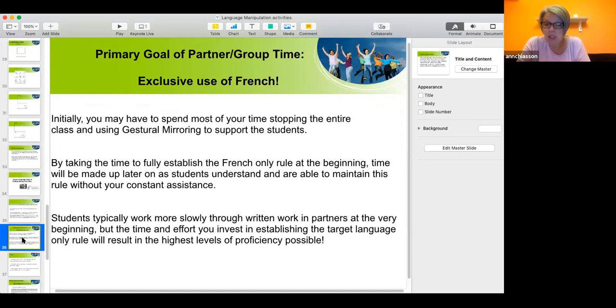So you will be using a lot of gestural mirroring, and you'll be stopping the class when somebody doesn't know the words in French. You'll be stopping and say, oh, qui peut aider Aiden à dire, I need the purple. Ah, tout le monde peut aider.